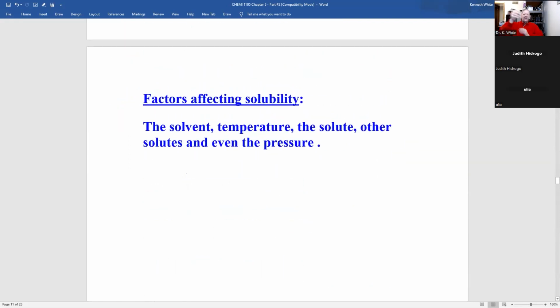Now, what factors can affect solubility? Whatever solvent you're trying to dissolve something in, what temperature you're at, what the solute is, what other solutes are present, and sometimes even the pressure around the solution.